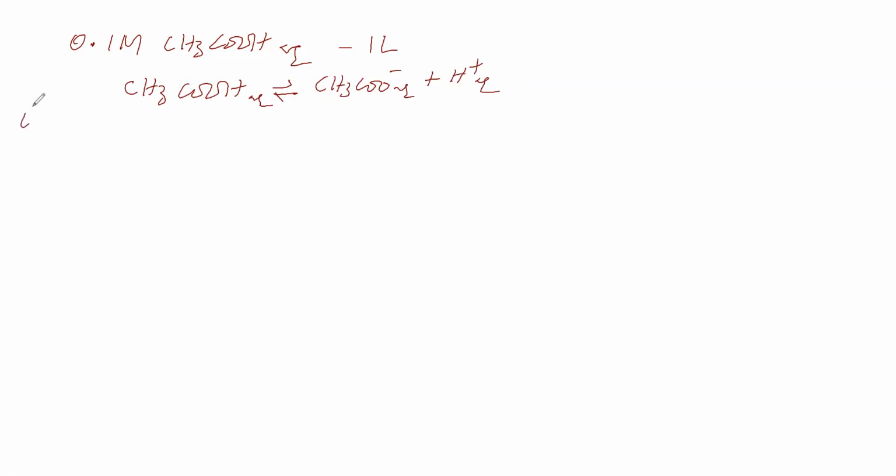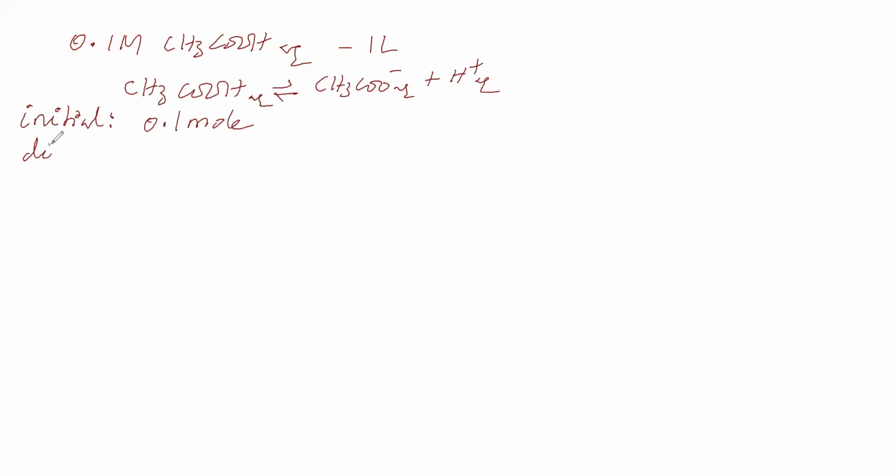Initially, to find the number of moles, let us multiply the volume of solution and the molarity. The number of moles is 0.1 mole of acetic acid that you have taken.